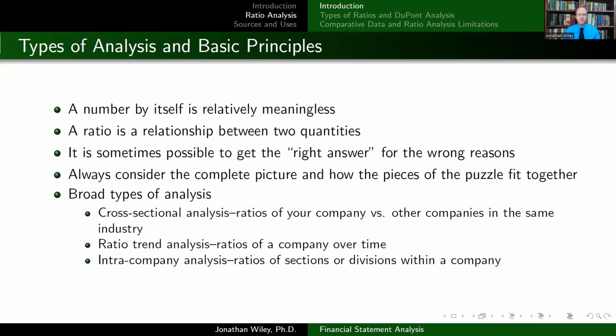But the idea would be very similar: we would look at those different segments or divisions within the company and assess how well they were doing to determine where the company should allocate more of its resources, where we are making more money, and what divisions we may need to pare back or sell because they just aren't profitable for us.